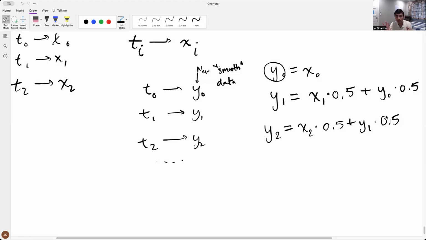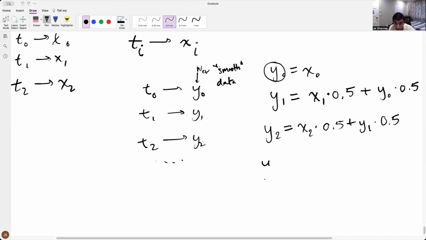It could be 0.7 and 0.3. But these essentially have to add up to 1 in order for it to actually be an average of two values. For now, I'll just keep it simple. I'll take half of the new signal and half of the signals that we've been collecting over time.